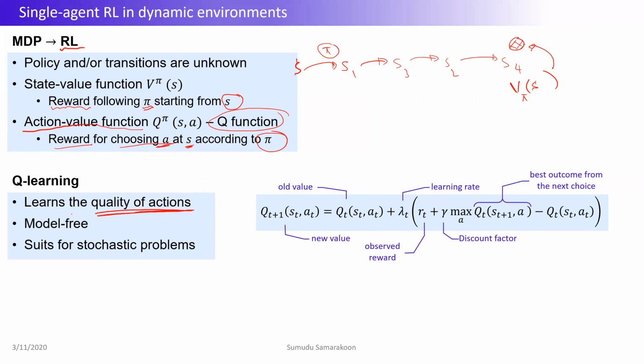The other advantage is that Q learning does not need any information about the environment model or analytical model. So Q learning is a model-free function, which can be easily adapted for many use problems. And since it considers an environment with dynamic states, Q learning is suitable for stochastic problems.